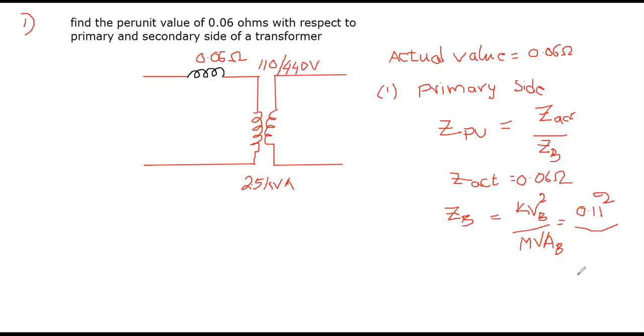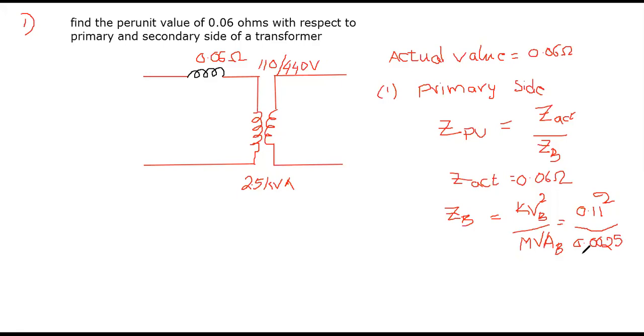Now, what is MVA base? He has given the power rating in terms of kVA, but we need to express the power rating in terms of MVA. So I have considered that as 0.0025 MVA.